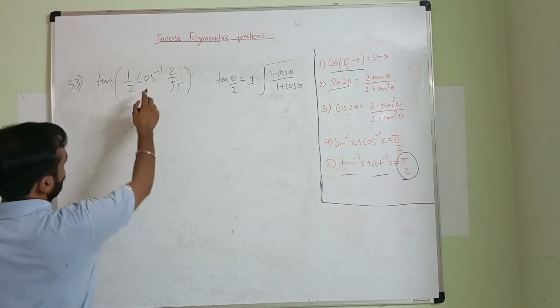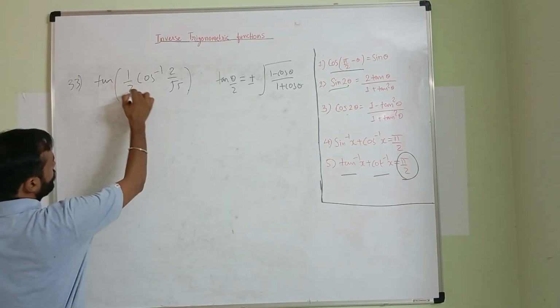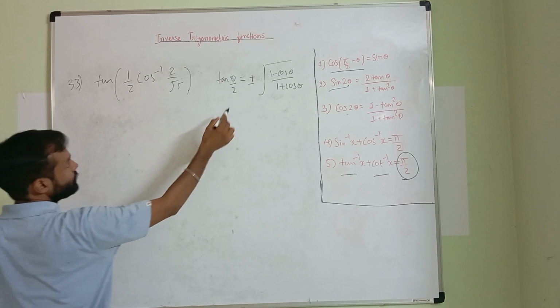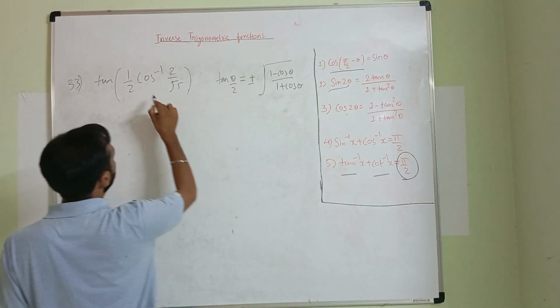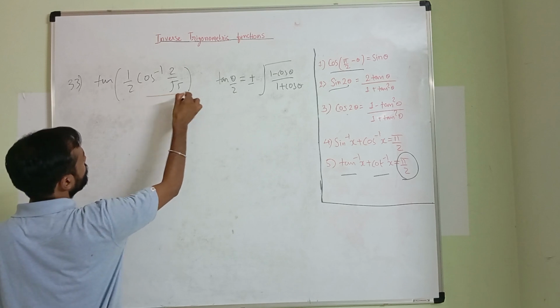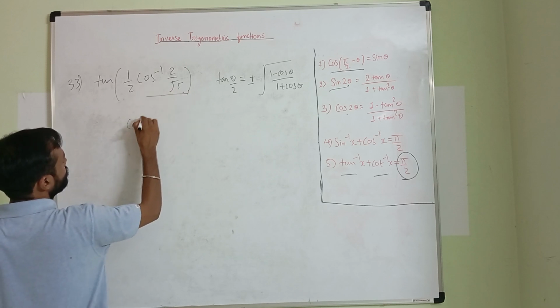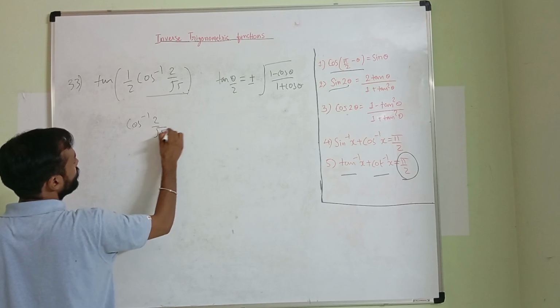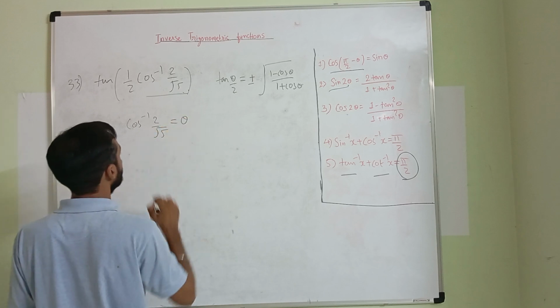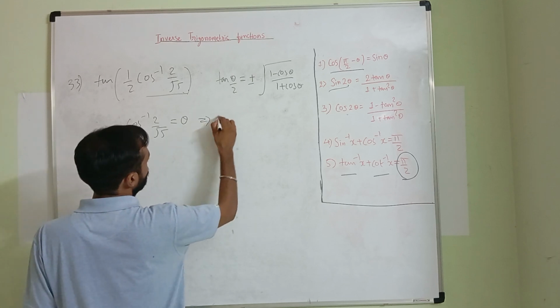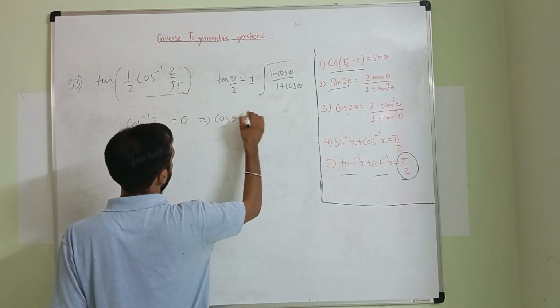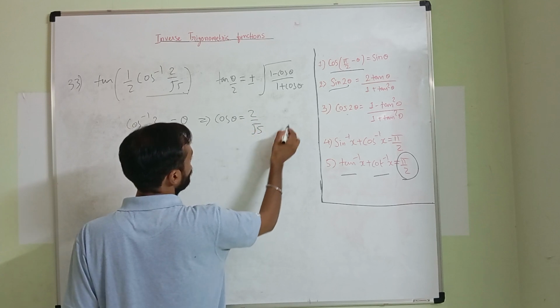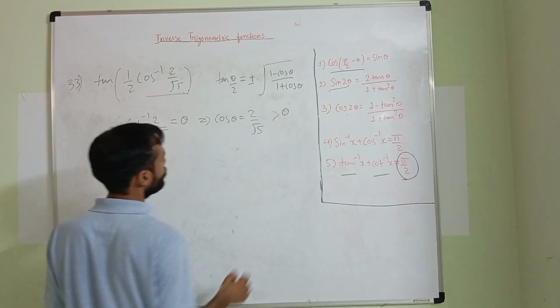So first of all, let us assume this cos inverse given, so we will assume only this term. So cos inverse of 2 upon under root 5 is equal to theta. Hence cos theta is equal to 2 upon under root 5, which is greater than 0.